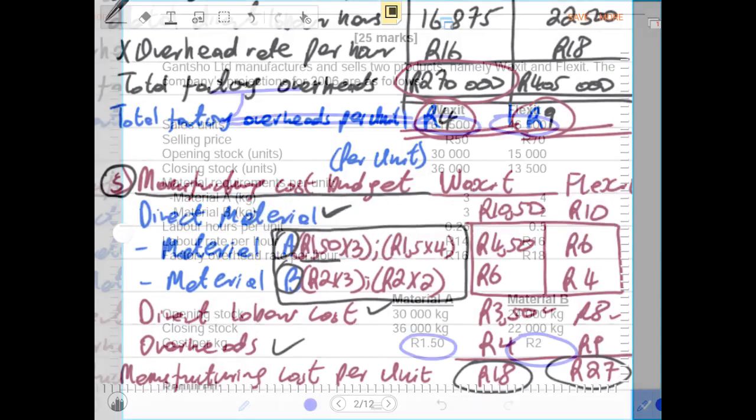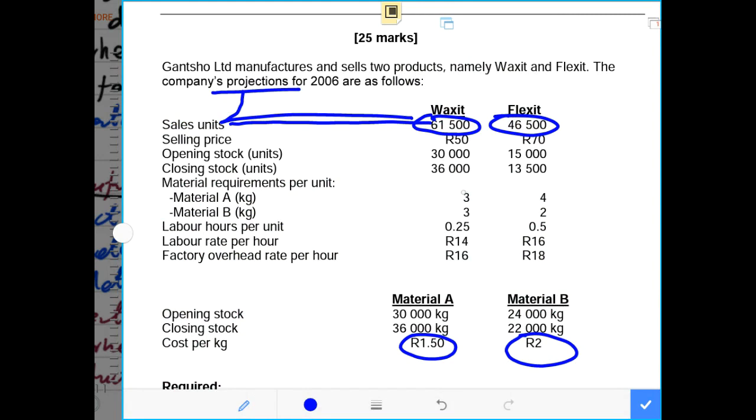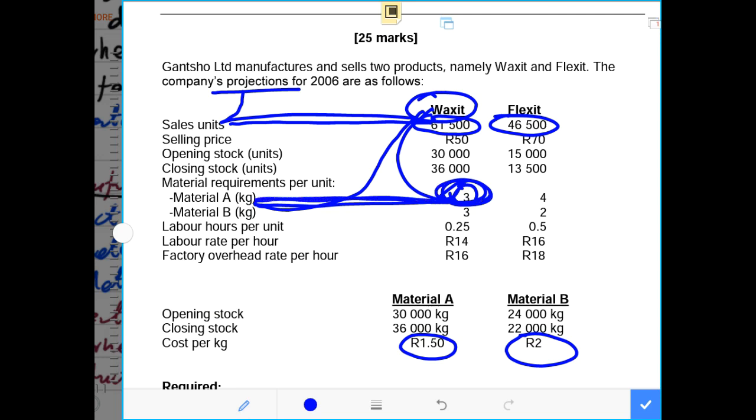For 1 unit of product Wexit, we only need 3 kgs of material A. The price of material A is 150 cents.